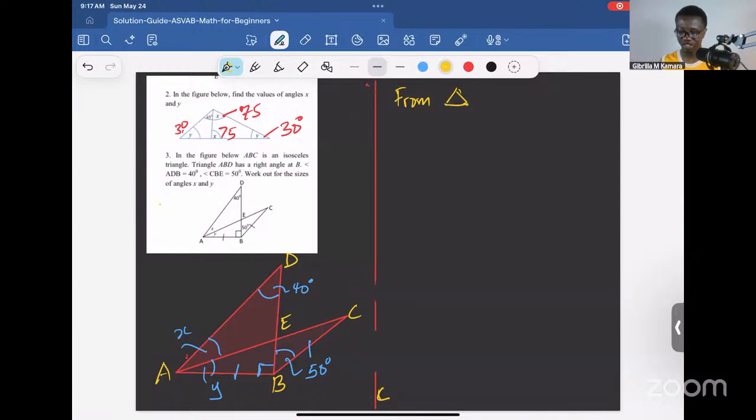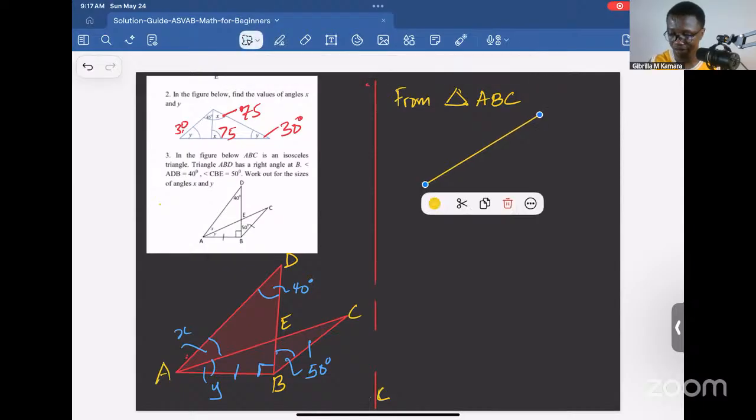Anyways, so from triangle ABC, what do you see from triangle ABC? Let's get it here as well. I always like to just extract that. That should not be a problem. Extend it right up here.